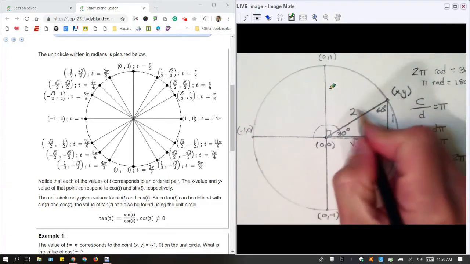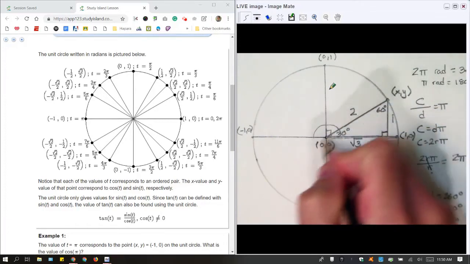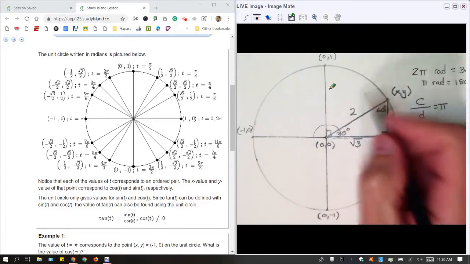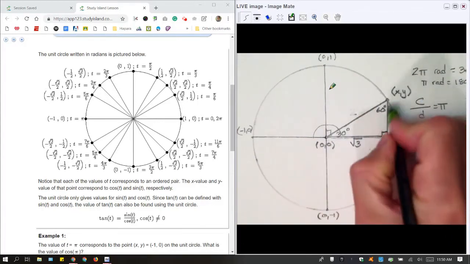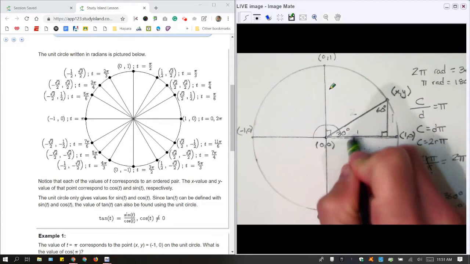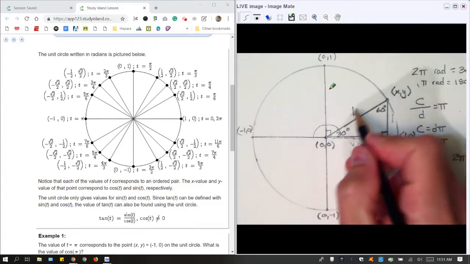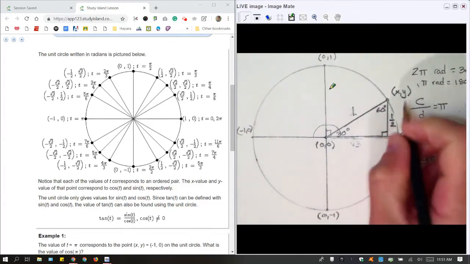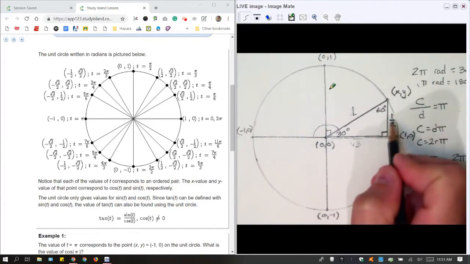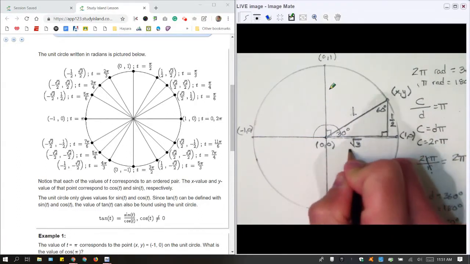So if the ratios are 1 to 2 to root 3, and the hypotenuse is equal to 1 unit, then I can change these. The radius is worth 1. That's double whatever the short leg is, which makes this 1/2. And this is whatever this is times the square root of 3, so it's going to be the square root of 3 divided by 2.